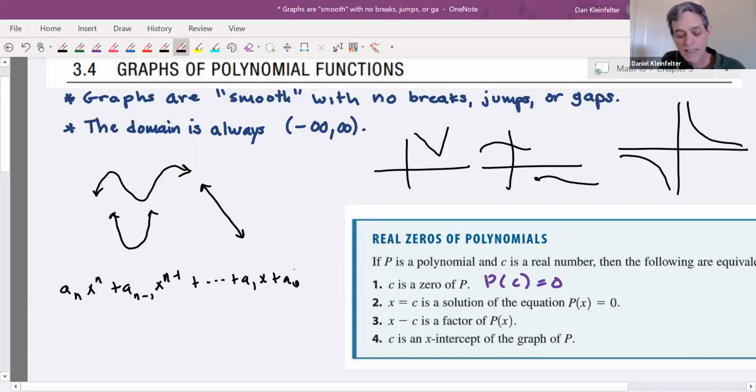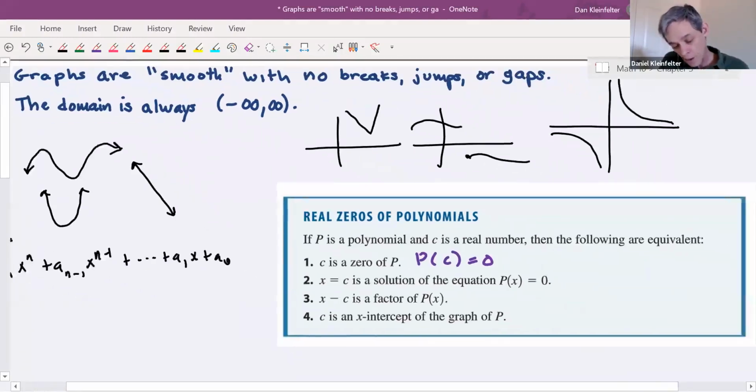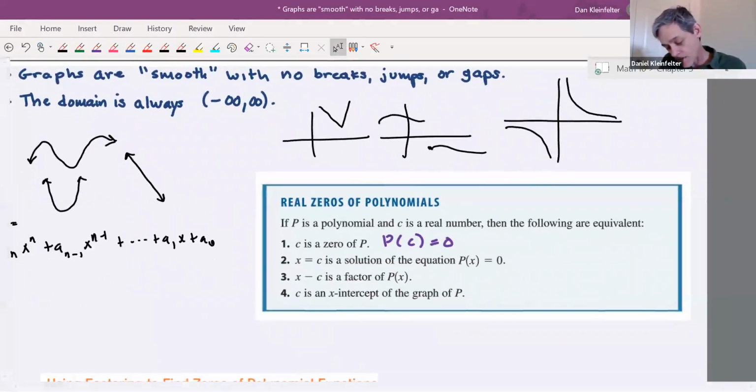So basically it's a sum of numbers multiplied by variables raised up to powers. And there's no divisions and no kinds of square roots or anything funny happening. So you can substitute any x value you like into your polynomial function, right? So the domain will always be all real numbers. Okay, so that's a little bit of a reminder.